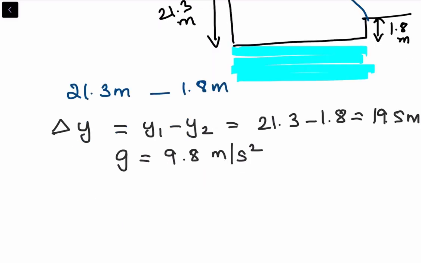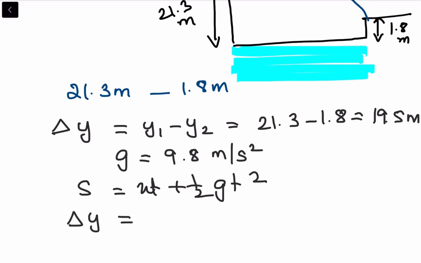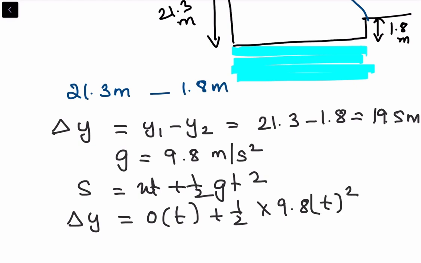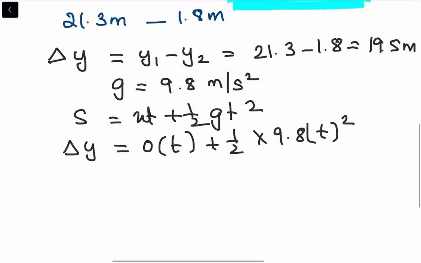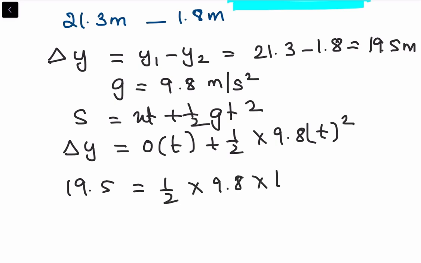In the vertical direction we have g, the acceleration due to gravity, which is 9.8 meters per second square. Then let us take the equation s is equal to ut plus half gt square. Substituting these values, delta y is equal to 0 into t plus half into 9.8 into t square. Delta y is the difference which we got just now as 19.5. So 19.5 is equal to half into 9.8 into t square.